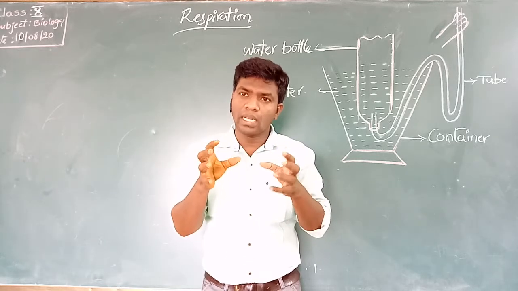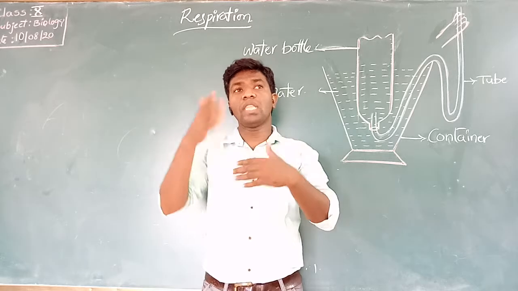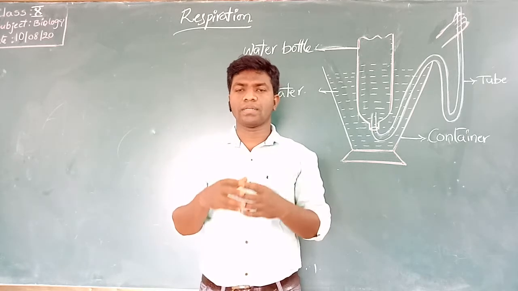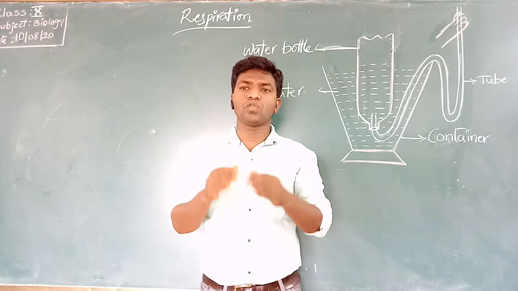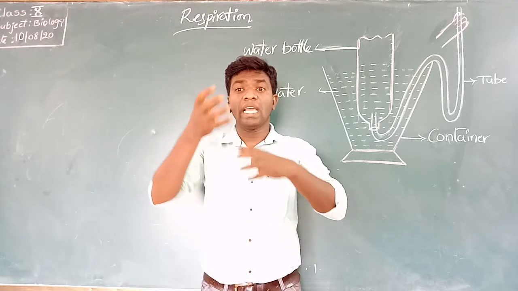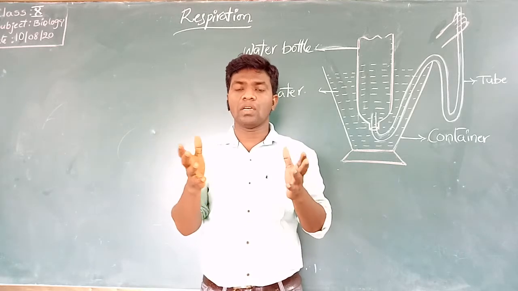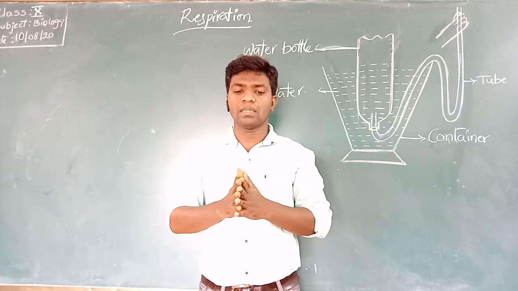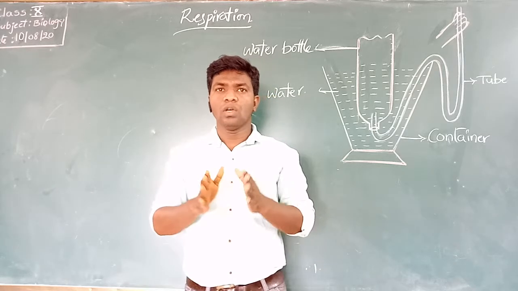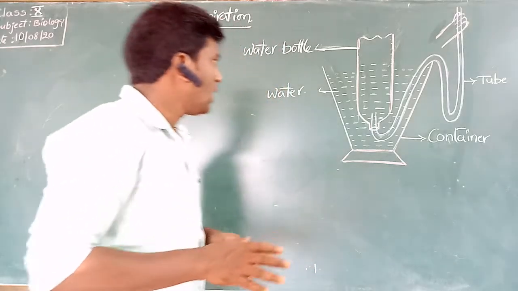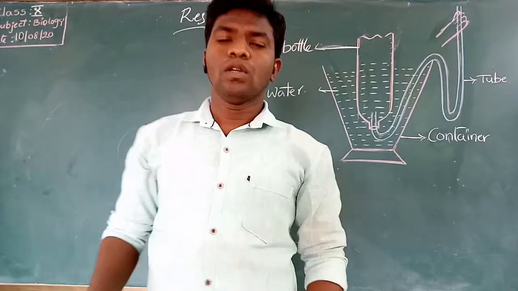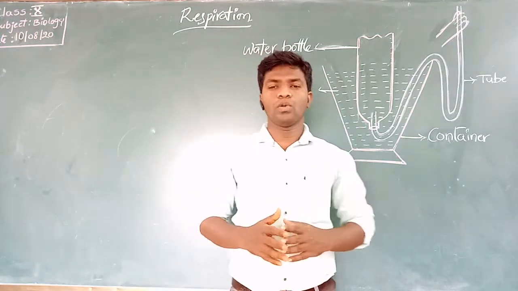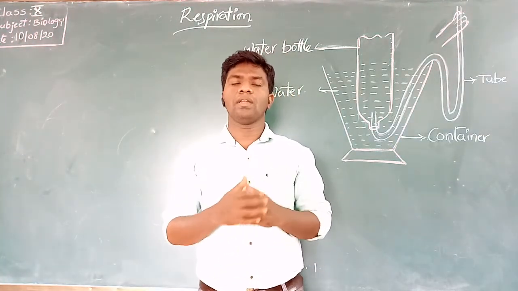Similarly, the lime water turns milky when air is blown through it. Have you understood? From the two observations we can say that the air we exhale is a gas, and that gas is carbon dioxide. Okay, is it clear? So carbon dioxide is present in our breath. So this is about gases present in our breath.